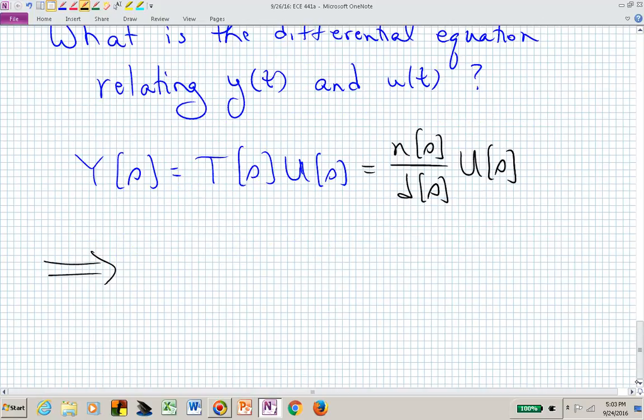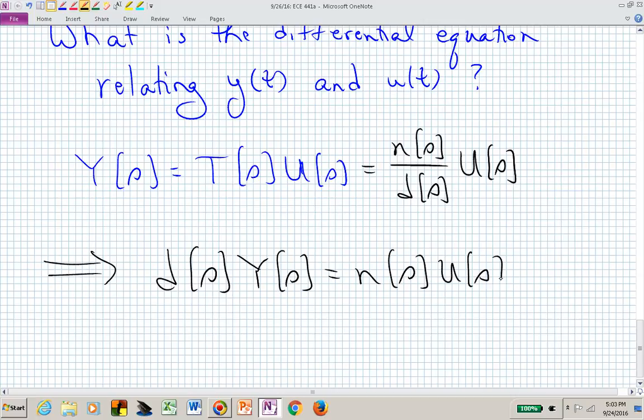Let's multiply both sides through by D of s, and we now have D of s operating on Y of s. Again, D of s is this frequency domain polynomial in s, equaling the numerator polynomial times the Laplace transform of the input.